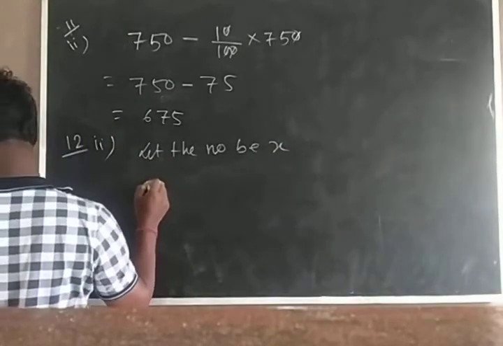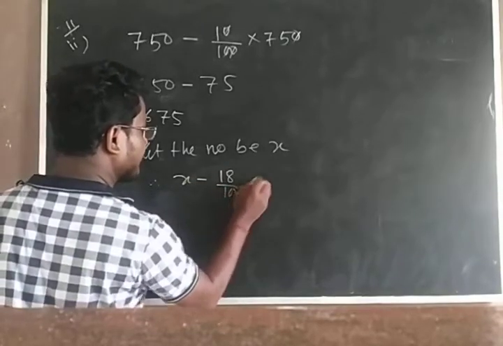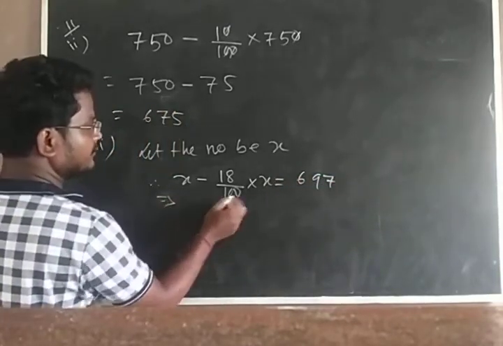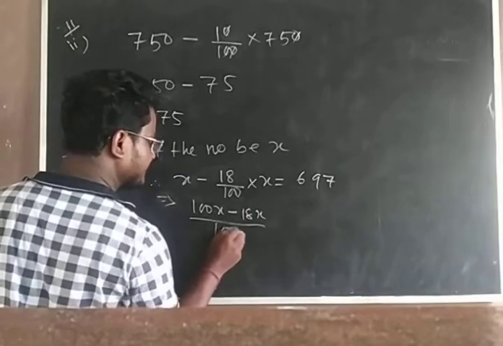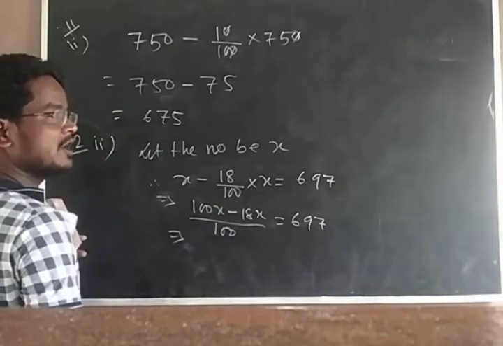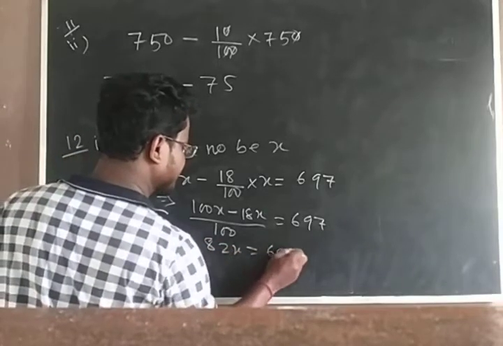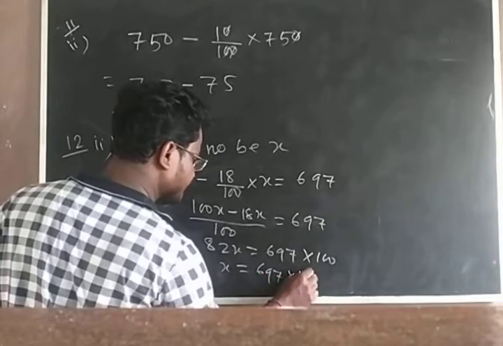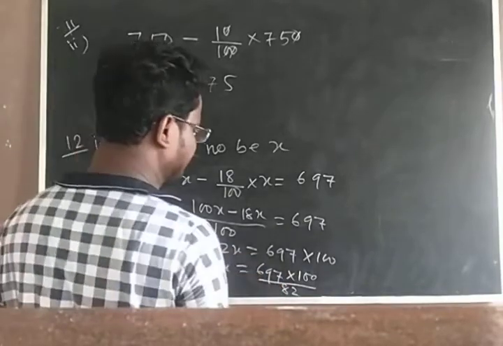That is x minus 18 by 100 of x is equal to 697, or 100x minus 18x by 100 equals 697, or 100x minus 18x, how much? 82 equals 697 into 100, or x equals 697 into 100 by 82. Then simplify.